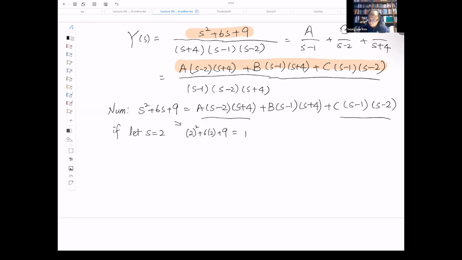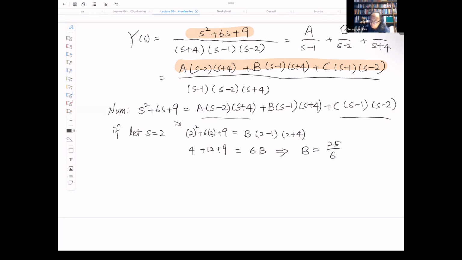This equals B times 2 minus 1 and 2 plus 4. This is 4 plus 12 plus 9, which is 25, equals 6 times B. So we have B equals 25 over 6. So a little bit easier.